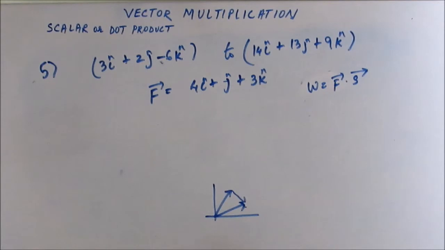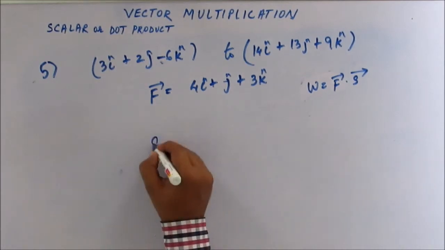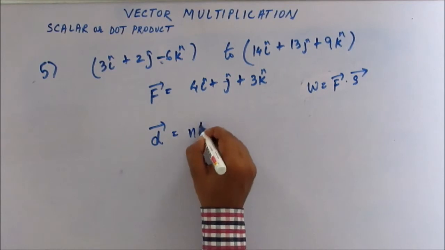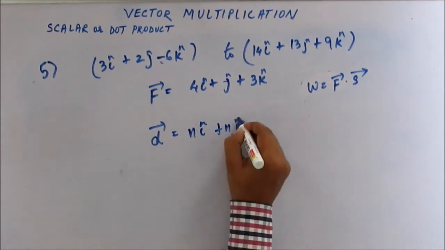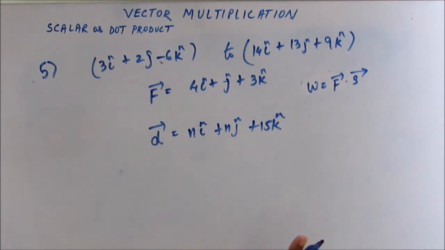So final position minus initial position is going to give you the displacement vector. So displacement vector D will be 11i cap plus 11j cap plus 15k cap. And work is force vector dot displacement vector.